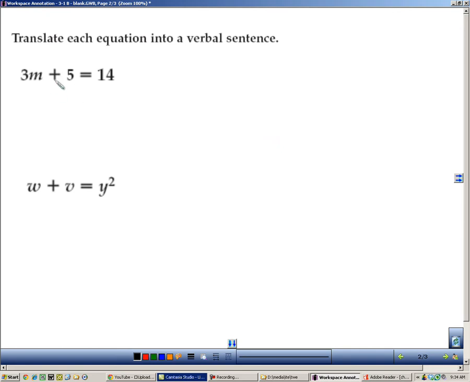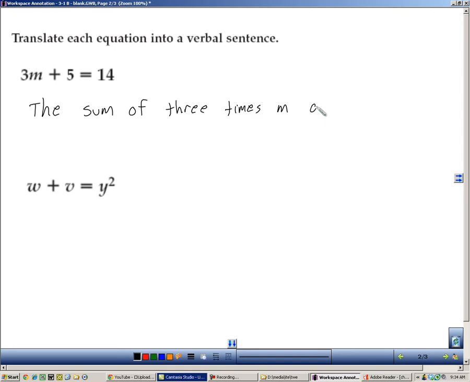So here we have a problem that involves addition. So I'm going to start by saying the sum, because I know that this is going to be a sum problem because it involves addition. So the sum of what? The sum of 3. And then 3m means we're multiplying, so I could say 3 times m. And now I have to use the word and.